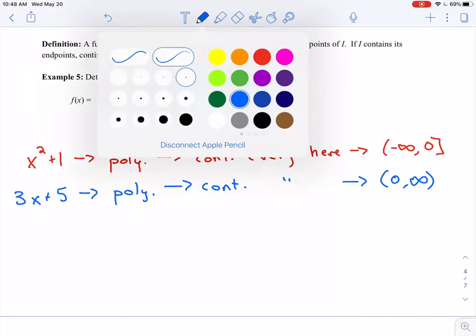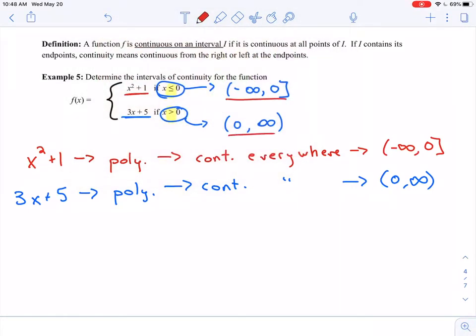So just to clarify our language, it is either left continuous at 0 but not right continuous, which is a possibility, or it could be both left and right continuous at 0. And if that's the case, we would just say it's continuous on negative infinity to positive infinity.